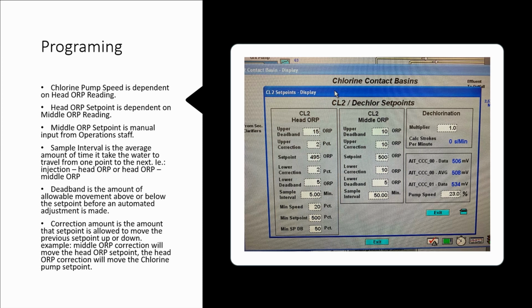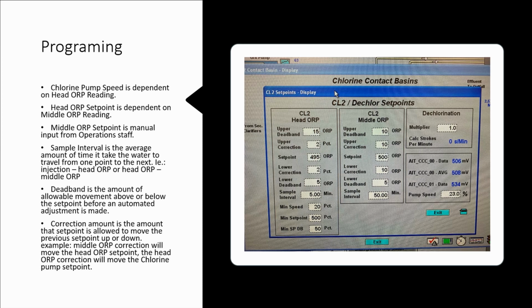So how does your chlorine pump, when you have the two sensors, which one is it really controlling? Your SCADA system decides it's got to meet both conditions? So basically, if it's not meeting the middle ORP set point, it adjusts the head ORP set point up, which in turn will make the chlorine pump turn up. So if you look down, you'll see a sample interval, exactly the bottom one on the middle ORP.